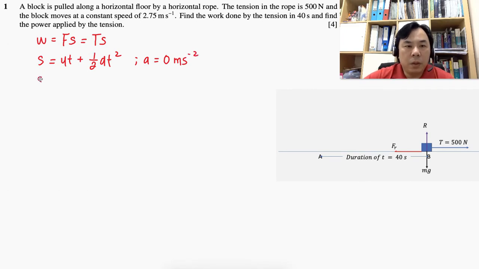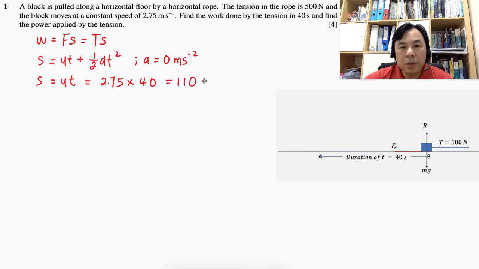So from here, we get the displacement is equal to initial velocity multiplied by the time itself, which is the constant speed in this case. So distance will be given by 2.75 by the duration of time here, so 40 there. Let me see what we have here. So that will be 110 meter.